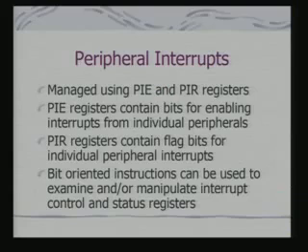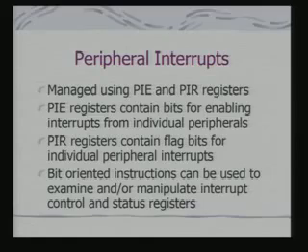For peripheral interrupts, once I enable peripheral interrupts, the source of peripheral interrupts can be various other peripherals, and I use the register called PIE, which contains bits for enabling interrupts from individual peripherals. Associated with PIE, there is the PIR register, which contains flag bits for individual peripheral interrupts.